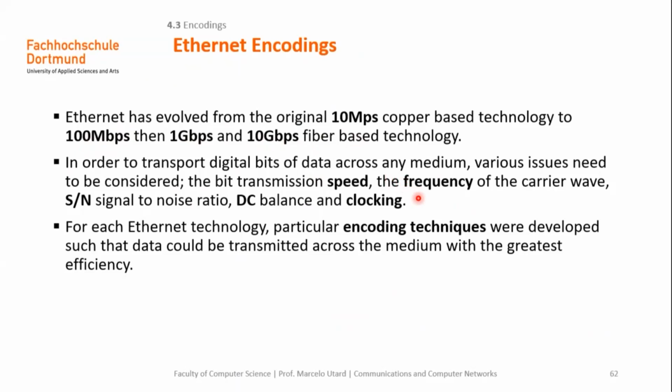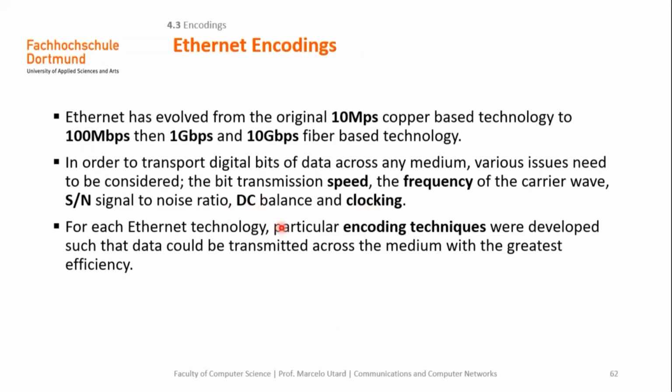In order to transport digital bits of data across any medium, various issues need to be considered. The first is the bit transmission speed. The second is the frequency of the carrier wave, so that the frequency could be propagated across the media. The signal to noise ratio, the component of DC, of continuous current, and the clocking.